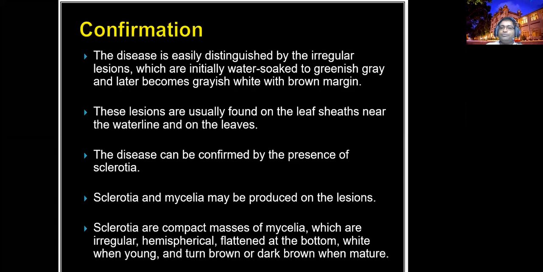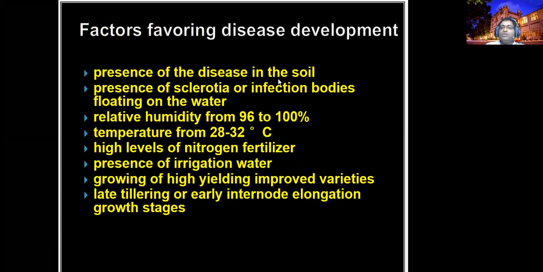Conducive climates, the presence of the disease. I told you if the sclerotia are formed, then they can survive in the soil, it may be 10 to 15 years. Therefore, if the disease inoculum is present in the soil, it favors the disease.